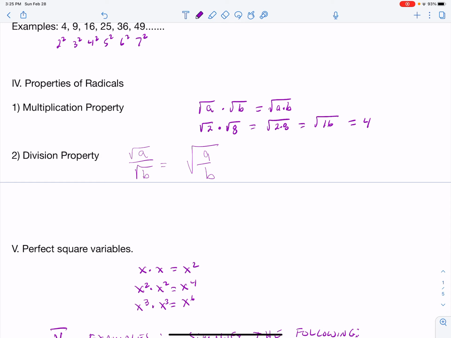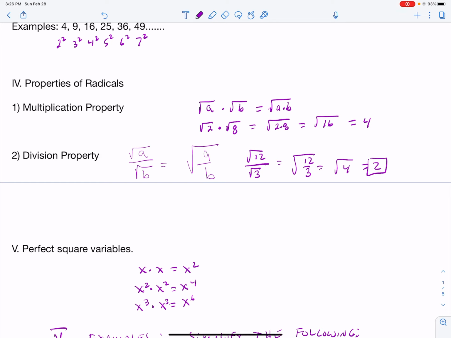We might have the square root of 12 divided by the square root of 3. Again, 12 and 3 are not perfect squares, but we can say that's the same thing as the square root of 12 divided by 3, which is the square root of 4, which is 2. So that certainly helped us simplify it.